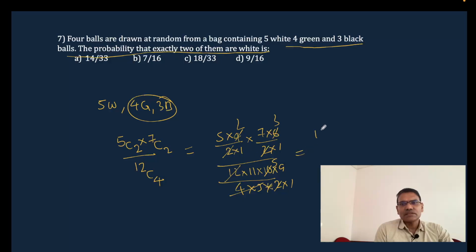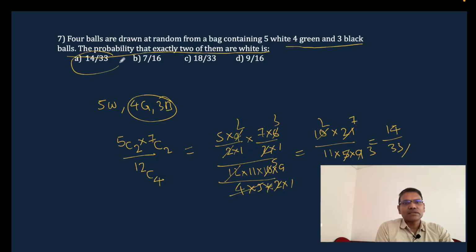Now this result is 10 into 21 divided by 11 into 5, 7 times 3 will cancel, here 3 times. Now the result is 14 divided by 33. 14 divided by 33, option A is the suitable answer.